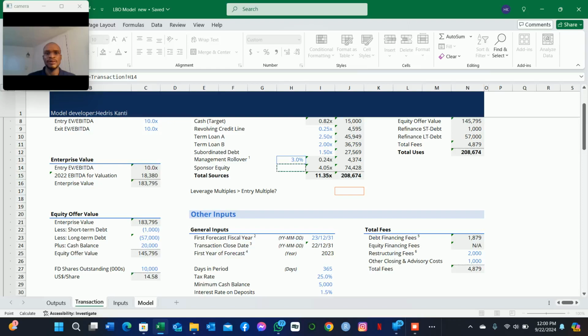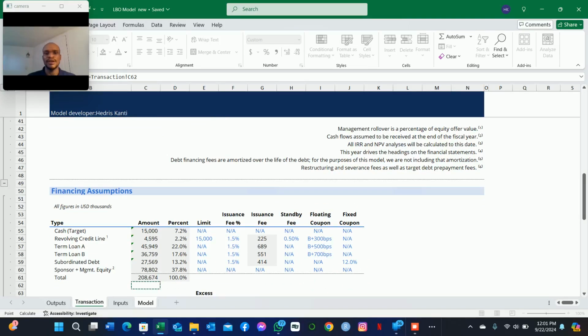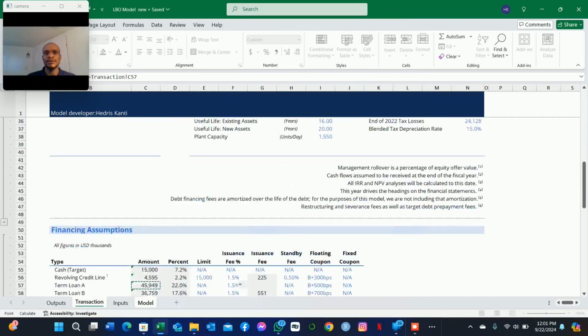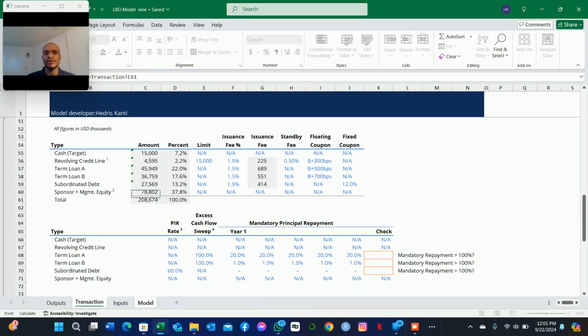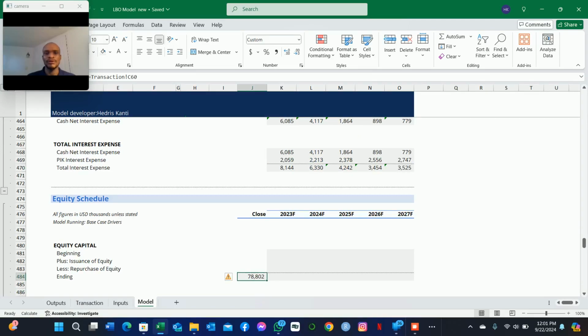We are saying that the sponsors put in approximately $74 million, but if we add to it the management rollover, it's going to be approximately $78 million. So in this case, the total equity capital injected into this private equity was this amount. So we reference that to be that amount. It's roughly $78 million. So it's going to be a cost score calculation.